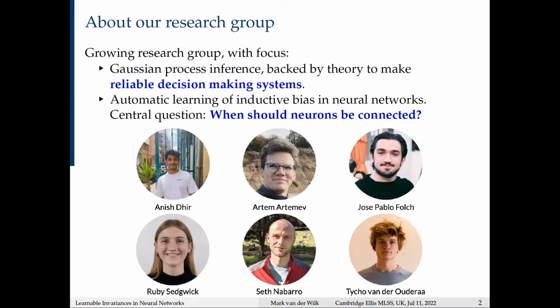And this basically leads to what I think is an interesting long-term question, which is, can we find a rule that determines when neurons should be connected? Right? So backpropagation tells us what the weights of the connections should be if we know the connections, but can we find a rule that actually tells us which neurons should be connected? So that's a long-term goal that we're working towards, but we've got some shorter-term progress, which I would like to tell you about today.